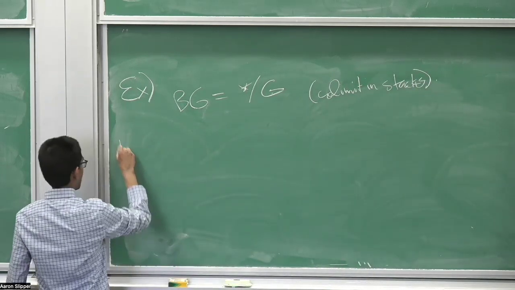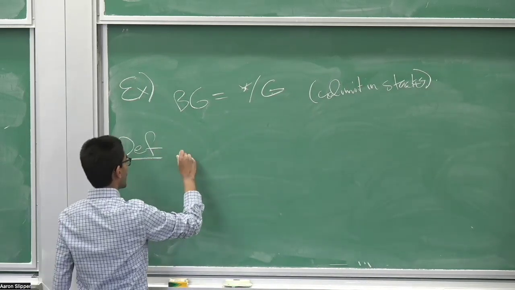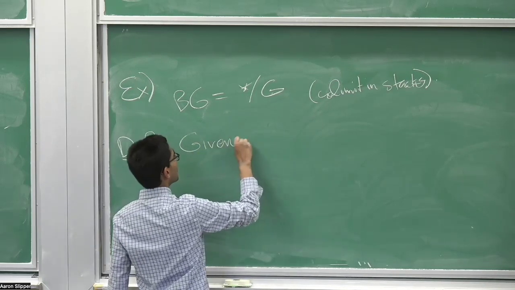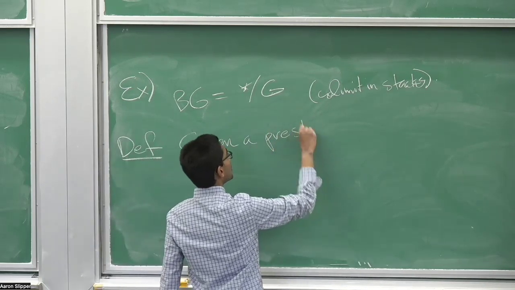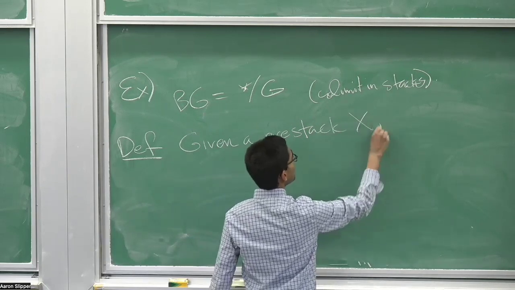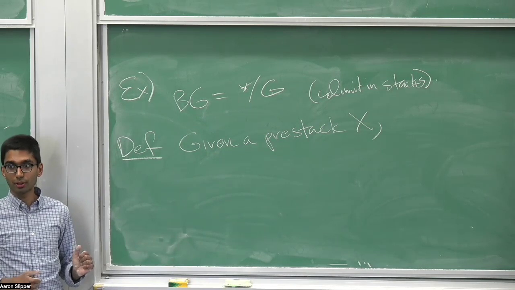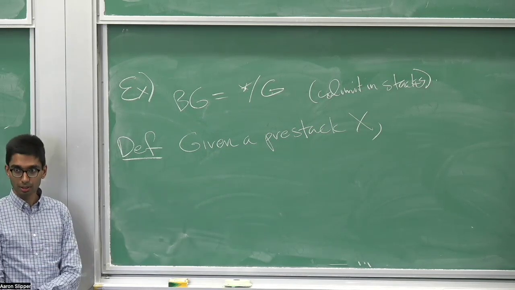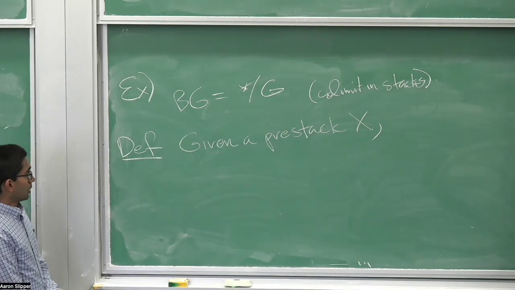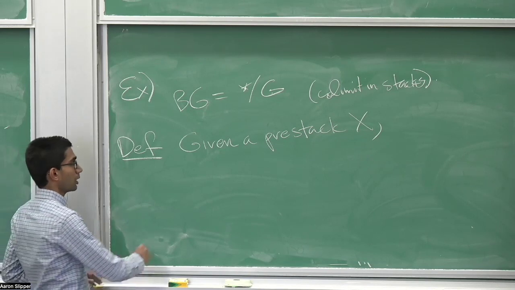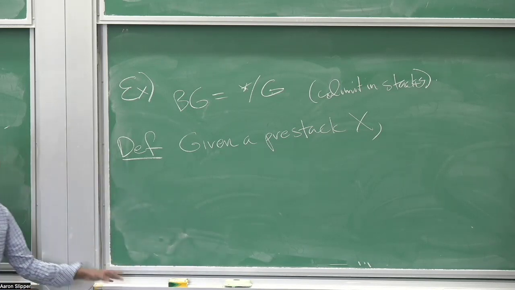Okay, so let me make a definition. Given a prestack X, there's a notion of a quasi-coherent sheaf on it.